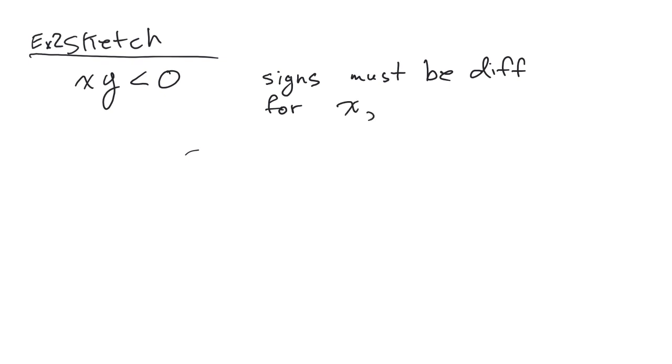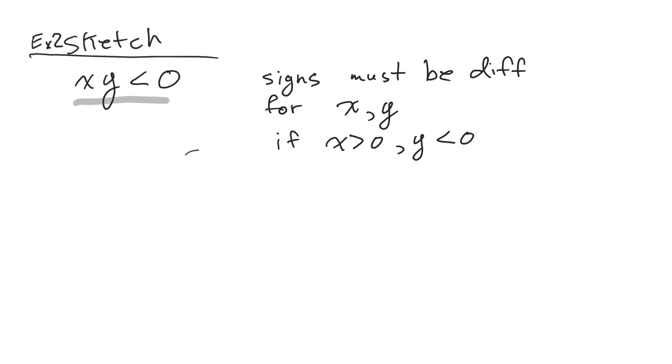So here's what happens. If x is greater than 0, oh boy. If x is greater than 0, that means y must be less than 0 for our equation here, xy, to be less than 0.